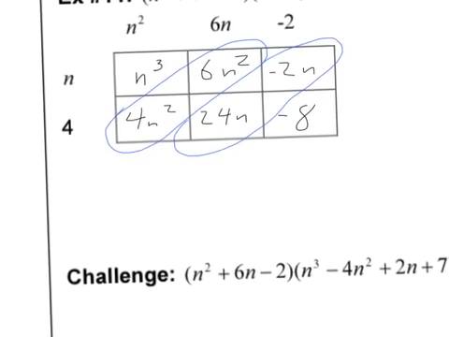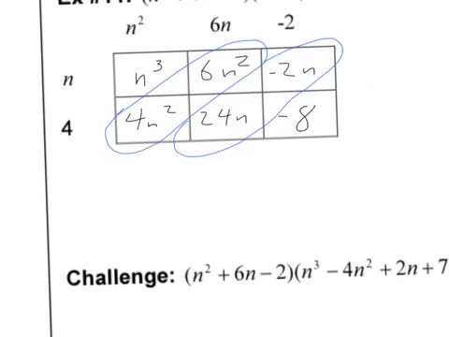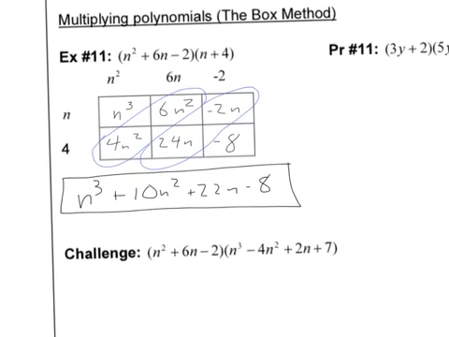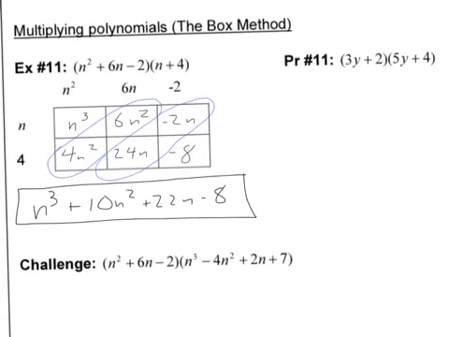So now we're going to add all these terms together, and we get n cubed. 6n squared plus 4n squared is 10n squared. 24n minus 2n is 22n minus 8. And there we go. We've got our solution to what happens when we multiply these two things together.